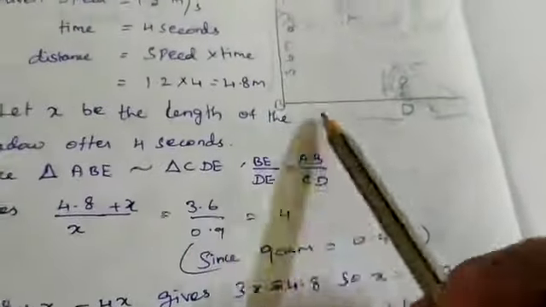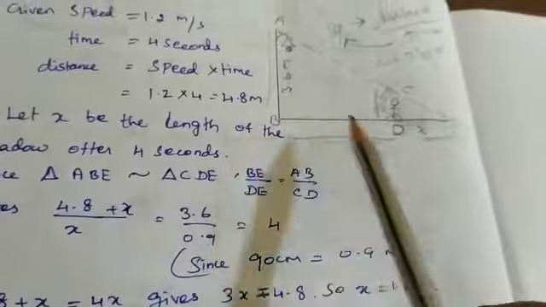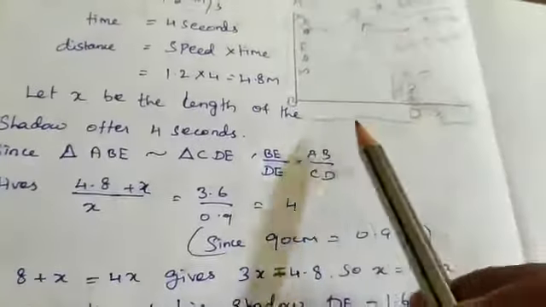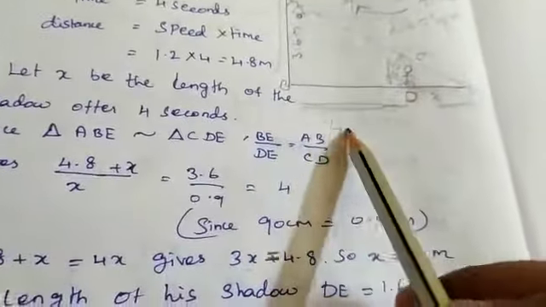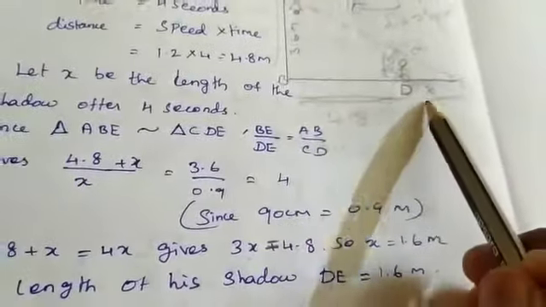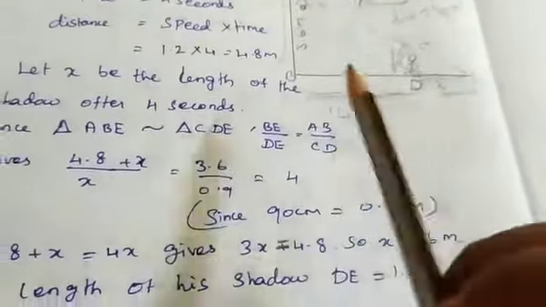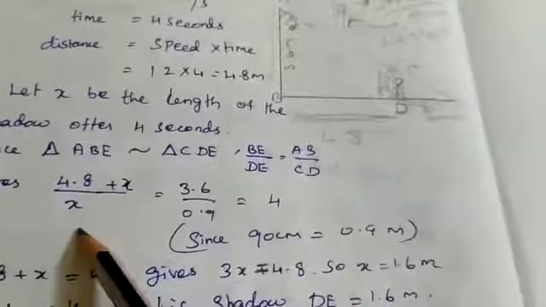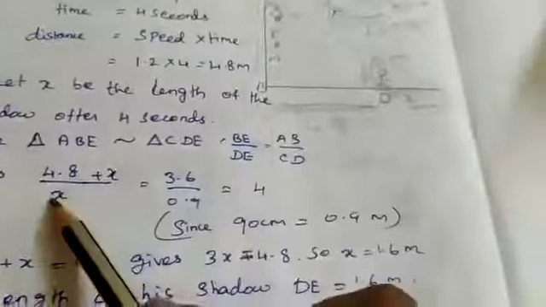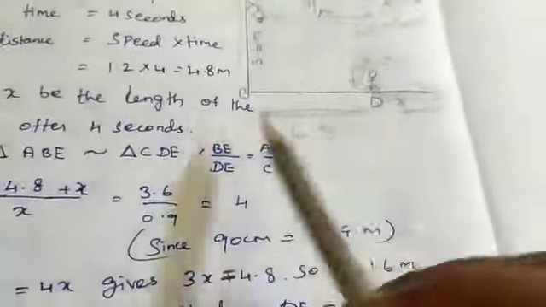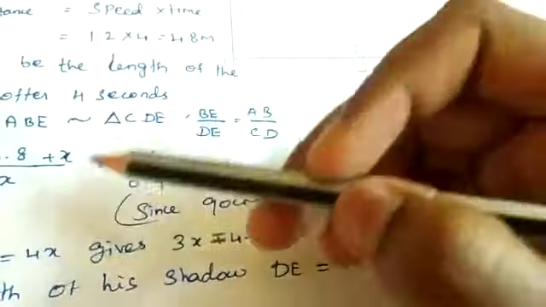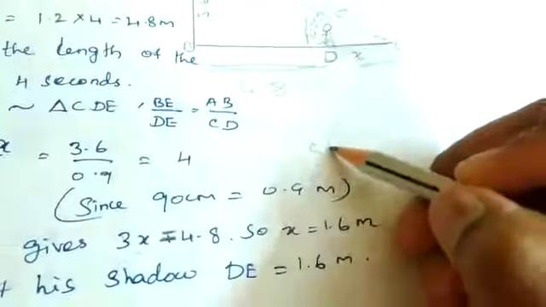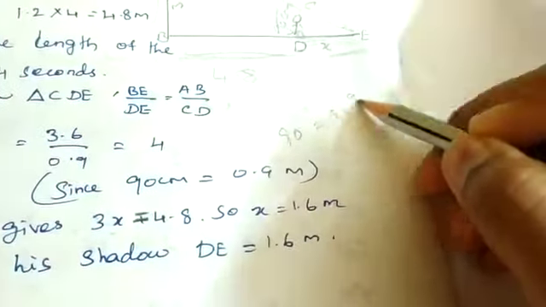So we can take that BE is what? BE is BD plus DE. BD is given 4.8, then plus x you should add to get BE. So 4.8 plus x divided by x, which is DE, means x only, equal to 3.6, the height, divided by the boy's height. 90 centimeter means it is 0.9 meter.